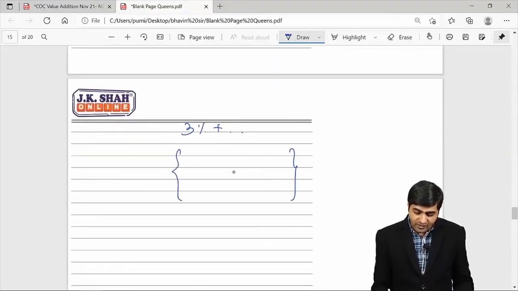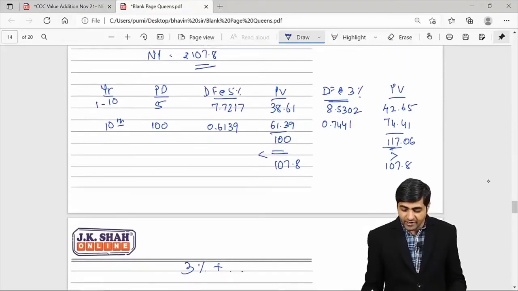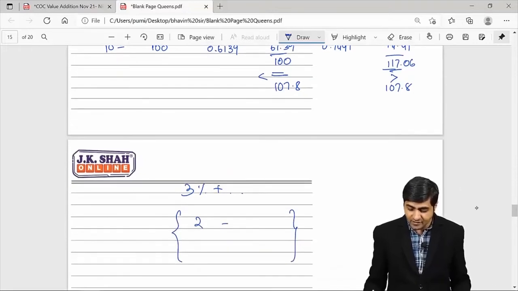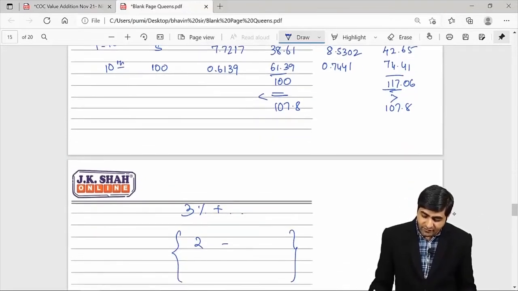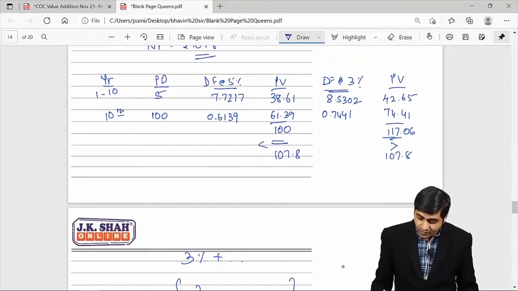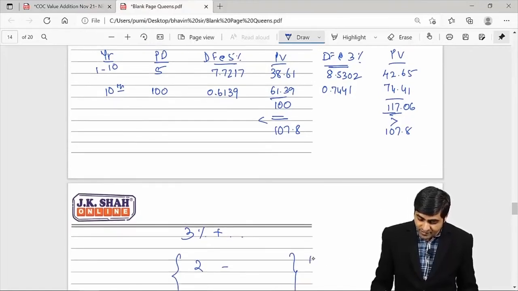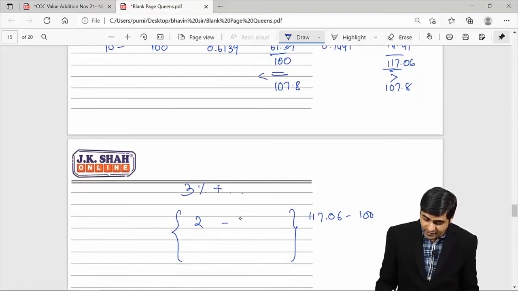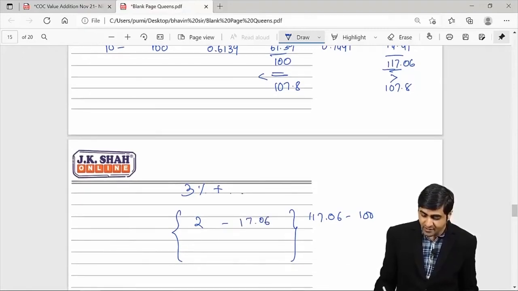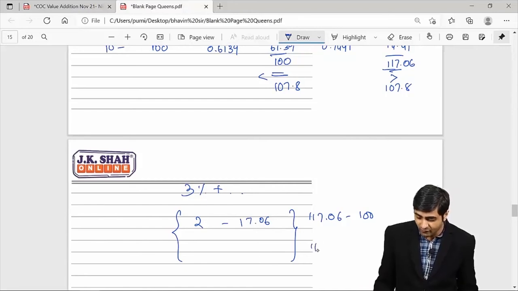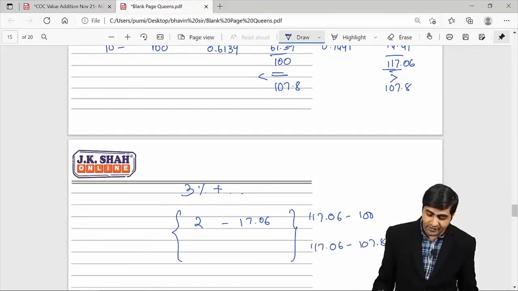So the difference between 3 and 5 is 2, and at 2% difference, you can just check that we are discounting from 117.06 to 100. So that is nothing but 17.06, but we don't need to discount till 100. From 117.06 we just have to go to 107.8.